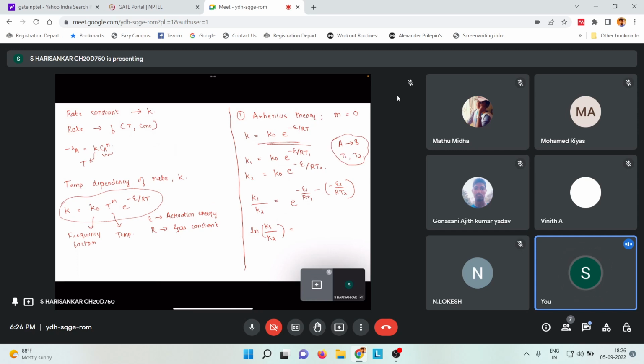So k1 and k2 are the reaction rate constants for the same reaction, let's say A to B, but happening at two different temperatures, T1 and T2. The activation energy for a reaction is always constant, so there is no E1 and E2 here, it's just E. So we can take this minus E by R, which is constant, outside, and write 1 by T2 minus 1 by T1.